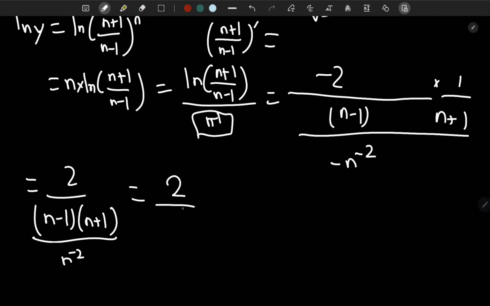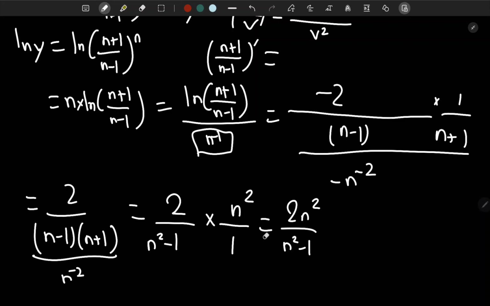So we have 2 over n minus 1 times n plus 1, which is n squared minus 1, multiplied by, now I'm going to bring n to the negative 2 above, so it's going to be n squared over 1. And we can simplify this again and write 2n squared over n squared minus 1. And here we have the limit.